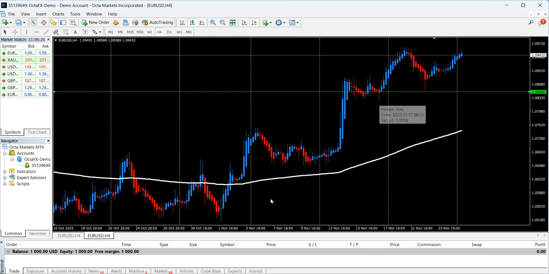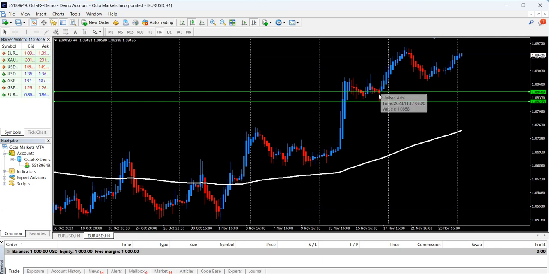So I want to ask again, as I explained before, where am I going to put my stop loss? It is at the last or the closest weak support zone, which is the red candle that is lowest and closest to the place where you took the trade. So you have it here.